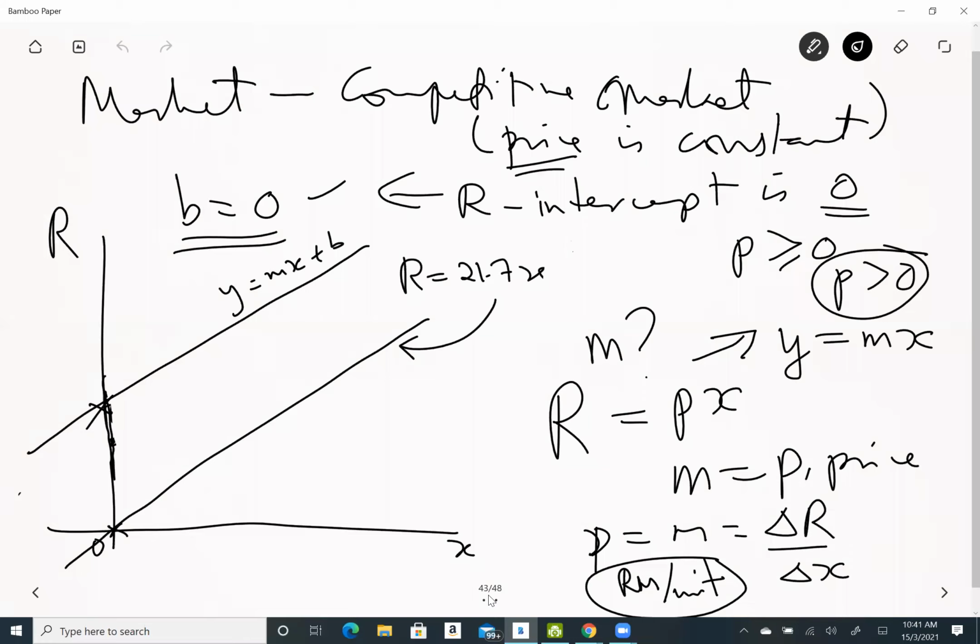As it is, we drew it parallel, so no solution. We don't want no solution. We want one solution. The cost function must intersect with the revenue function. But how do you show it on the graph so that they intersect at only 1 point?